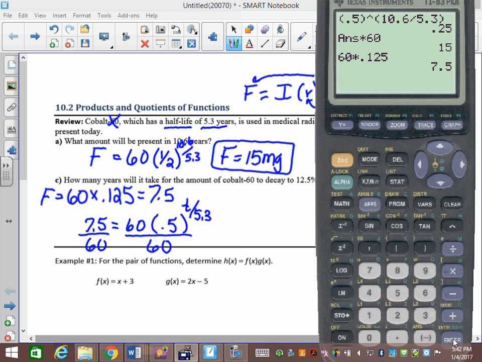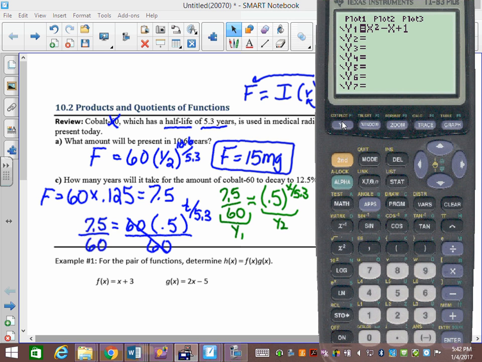Then you can do the algebra of it, or you can go directly to your calculator and go 7.5 divided by 60, not rounded, equals 0.5 to the x divided by 5.3. Put that directly into your y1 and your y2, and then find out where they intersect to get your x value. You can also convert it to a log from here and solve for x, which absolutely works.